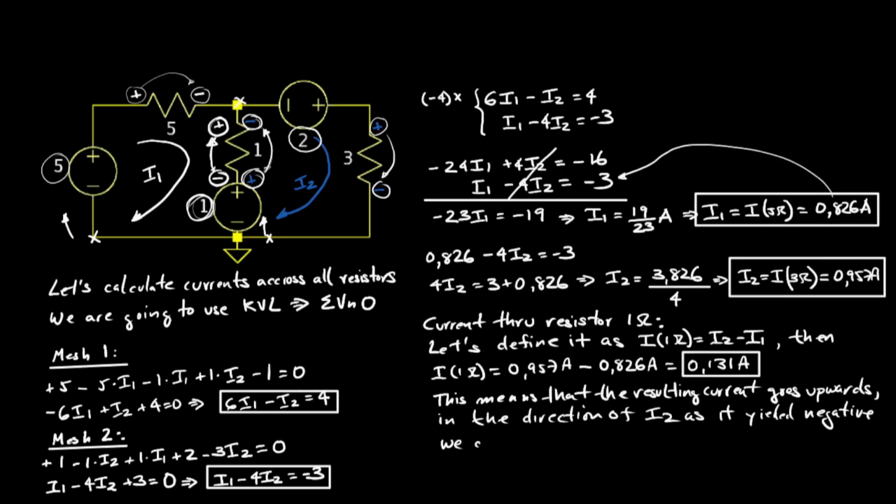In this case, as I defined it as I2 minus I1, I suppose that the resulting current is going the way I2 does. If it turns out to be positive, as it was the case, it means that it goes the way I2 goes. It means that it's going upwards. So it depends on the convention.